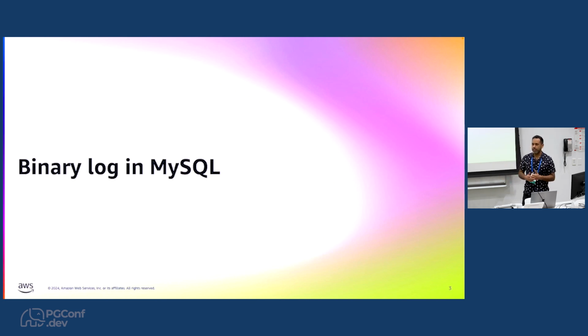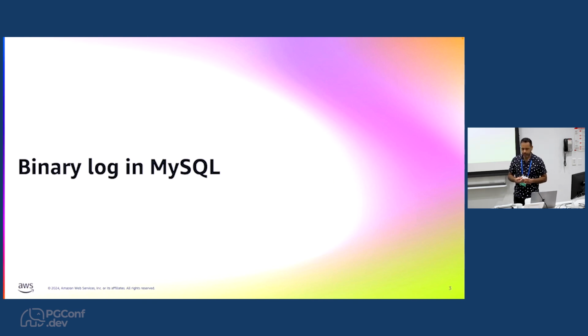They could have redo logging, and some of them may not even have redo logging, so they were not even crash safe. As a result, MySQL implemented this layer of logging around the storage engine, which we call the binary log. Now, this layer cannot make any assumptions about the storage engine itself or the storage format. So this log is logical, not the physical data changes, which we'll take a look at in a while. And this is also the log that started being used for replication in MySQL.